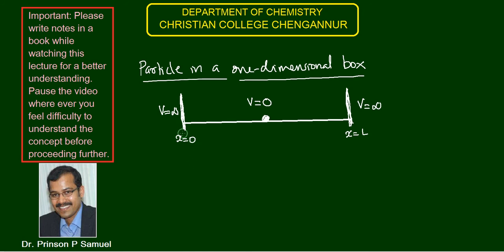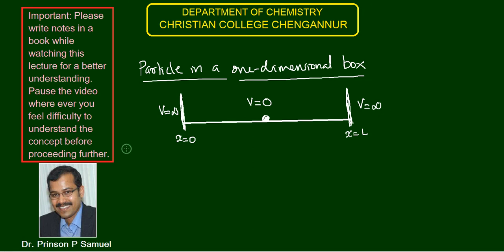We already know that the box dimension is from x is equal to 0 to x is equal to L, and the box is characterized by two boundaries at x is equal to 0 and x is equal to L, corresponding to infinite potential, and the particle can never cross this infinite potential barrier and go out of the box.